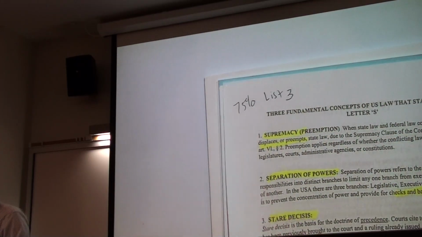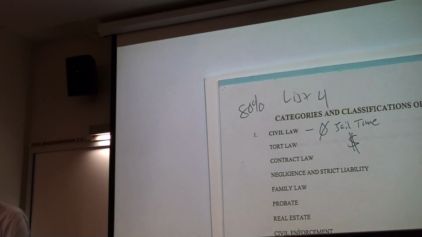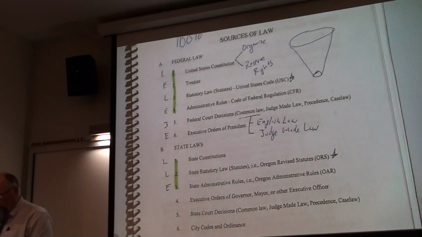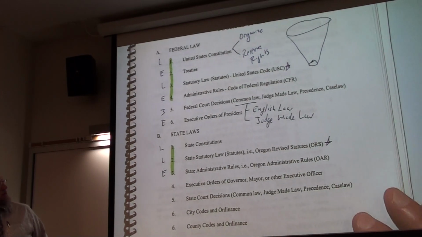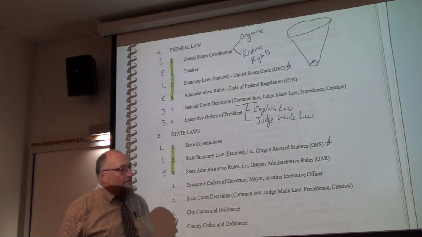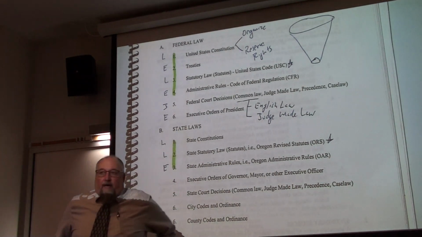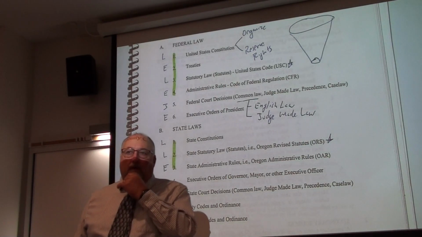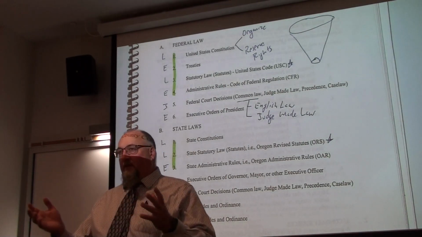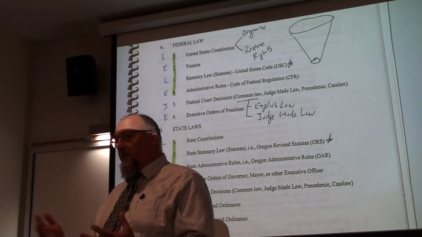Let's go back now to sources of law, on page 3. We're still talking about judge-made law here. At the federal level, we have federal courts throughout the United States: the Supreme Court, courts of appeal, and federal trial courts, which are called district courts.